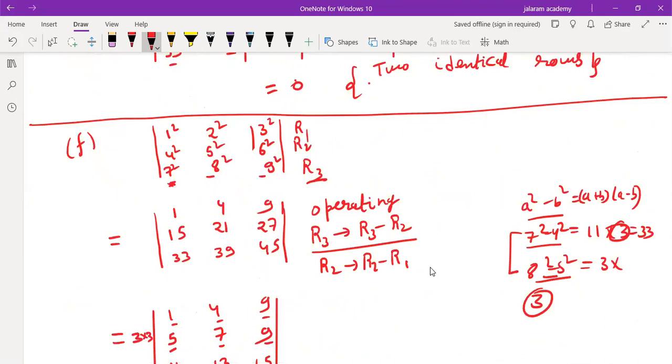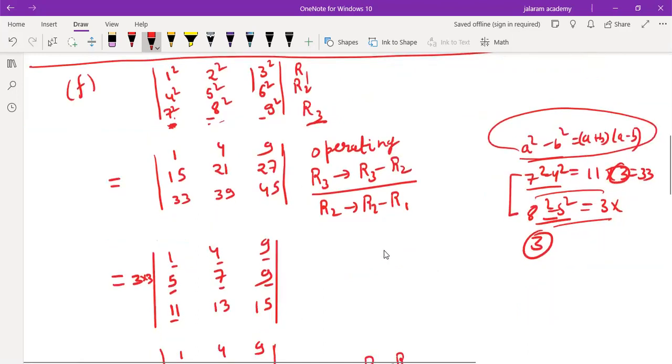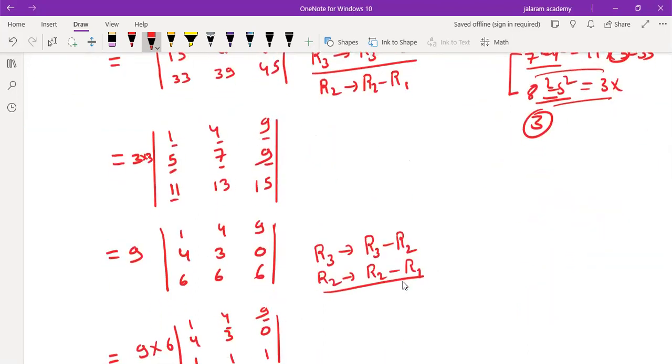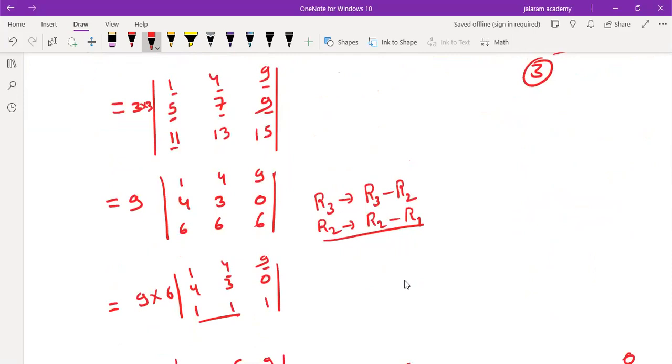As we have seen that 7 plus 4 is 11, 7 minus 4 is 3. Means on subtracting, using a square minus b square, it will again give 3. So we have used that. Then we have taken 3 common from R2 and R3. It is giving the smaller numbers, so we can solve it easily.